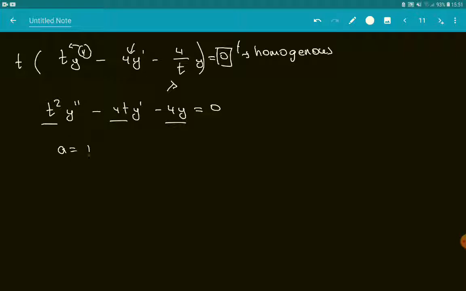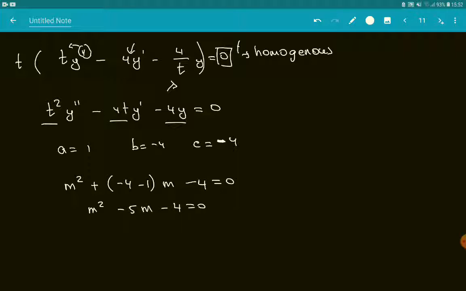So determine a, which is 1, b, which is negative 4, and c, which is negative 4 as well. And after knowing this, we can write the auxiliary equation, which is m squared plus negative 4 negative 1 m plus, or just write negative 4 is equal to 0, m squared negative 5m negative 4 is equal to 0.